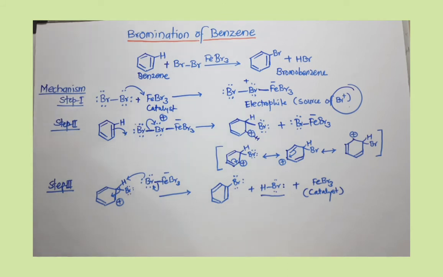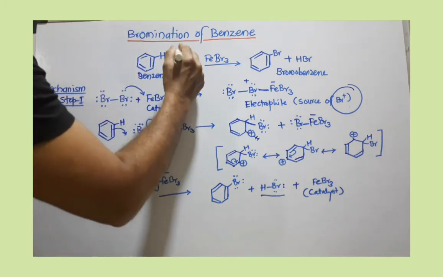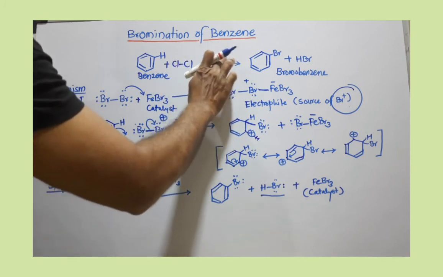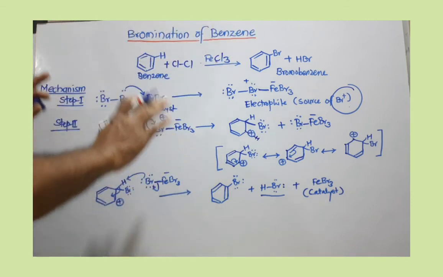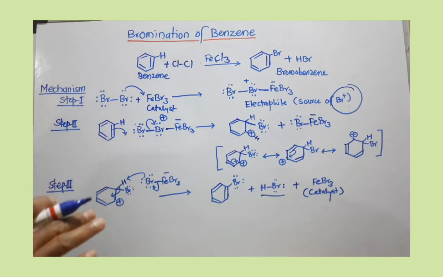Similarly, you can provide the mechanism for chlorination of benzene. The only thing is you have to change Br with Cl, meaning chlorine, and FeBr3 with FeCl3. So you can keep this mechanism as it is for chlorination of benzene.